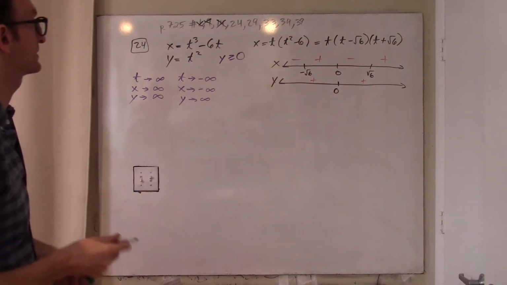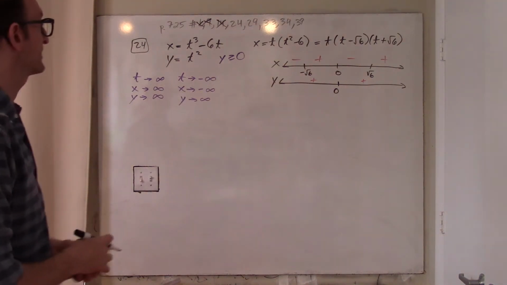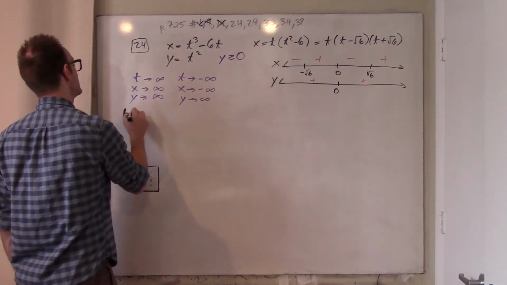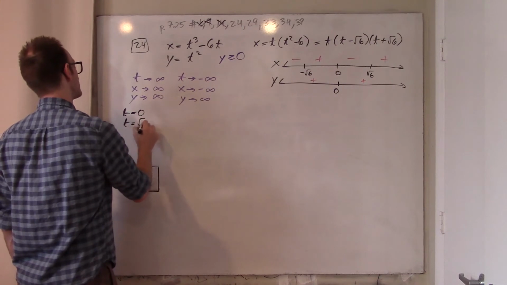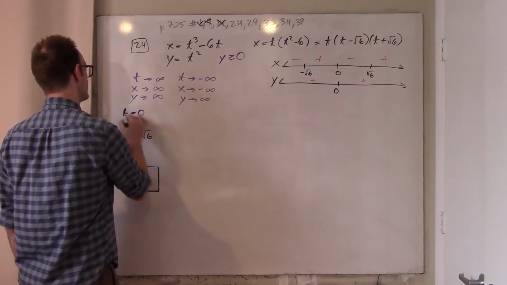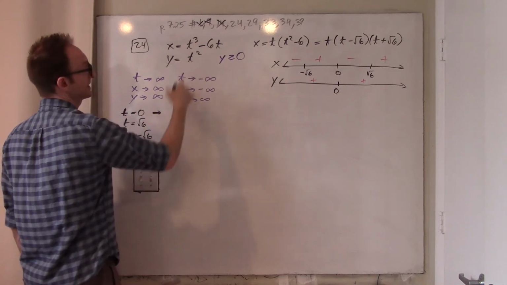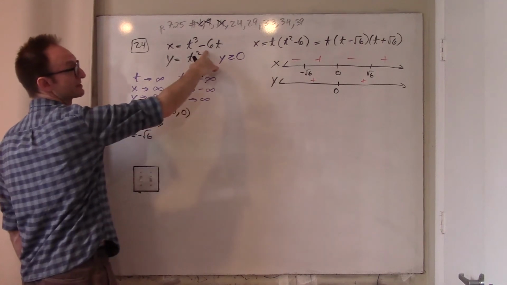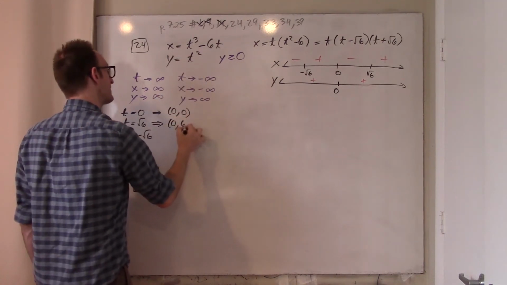And okay, the curve is starting to come into focus a little bit because I see that t equals 0 is important, t equals root 6 is important, t equals negative root 6 is important. If I plug in 0, I get 0, 0. If I plug in root 6, I get 0, 6.